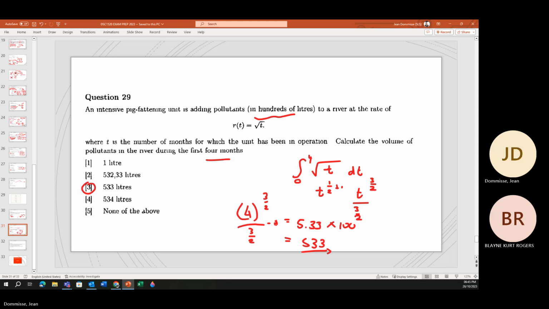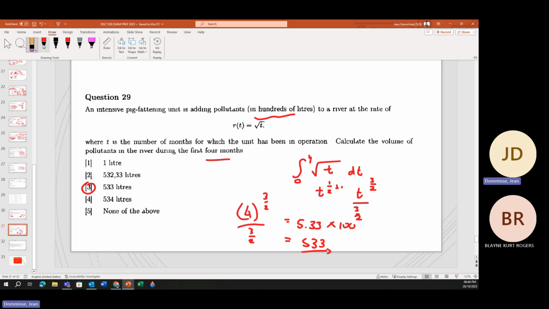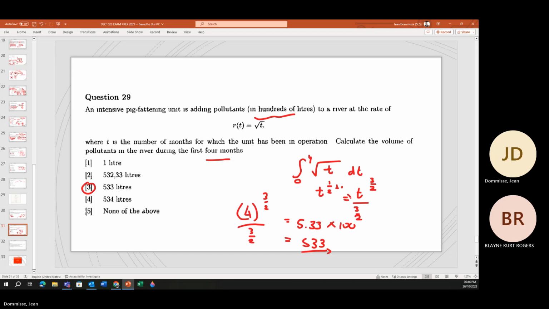If it was from 1 to 4, then we needed to put in 1, work that out, divided by 3 over 2, and then subtract that answer from the first, so that we can get the final answer. But because we're subtracting the one with 0, 0 put into t will be equal to 0. Okay.